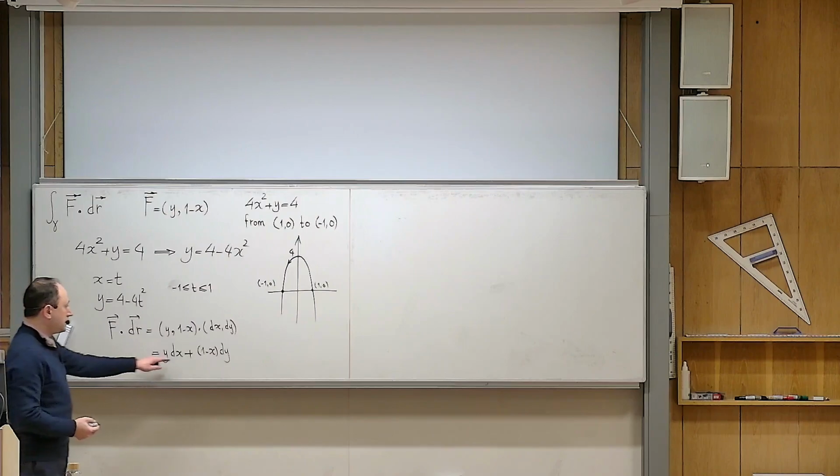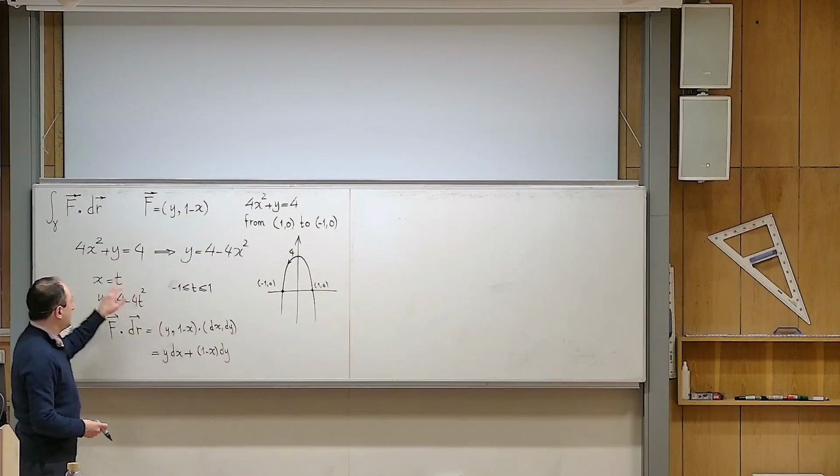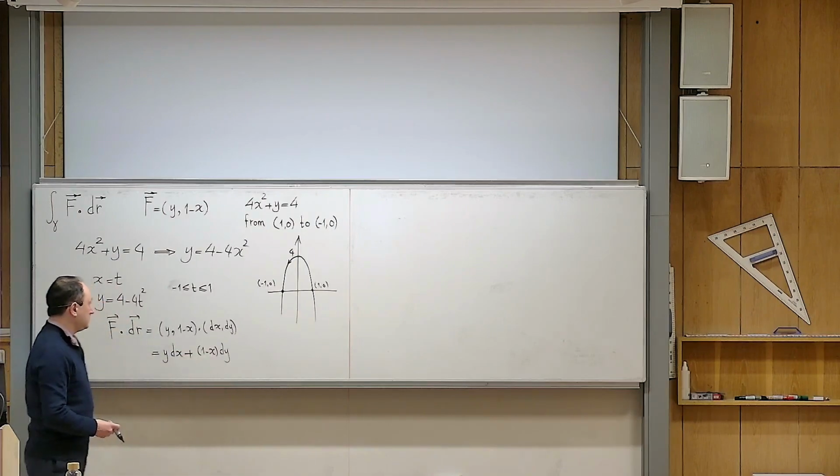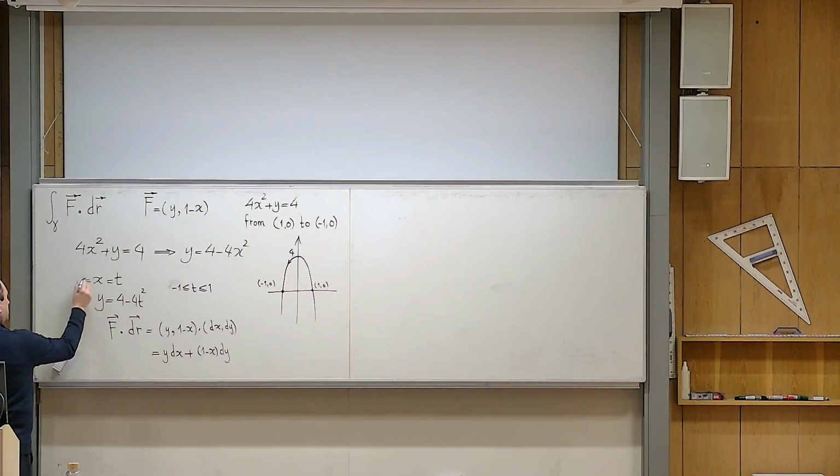But then I have to write everything in terms of t, if I want to calculate this. For y and for x, I already know what to do, so I need to calculate dx and dy as well. Here, x is t, so dx is also dt. And y is 4 minus 4t squared, so dy is the derivative of this function, which is minus 8t multiplied by dt.